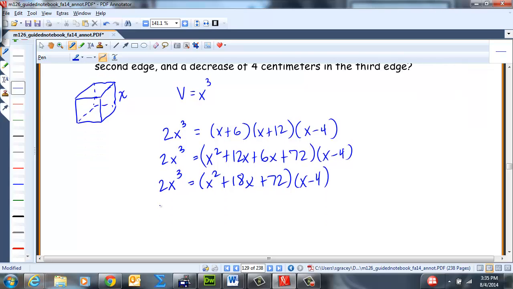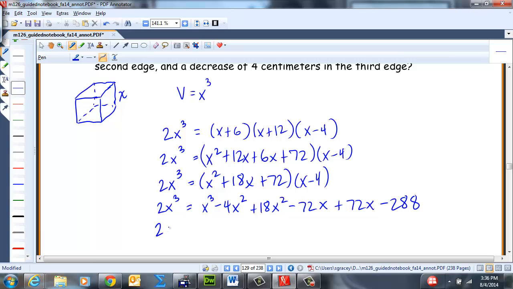So multiplying these through, we will have x cubed minus 4x squared, and then plus 18x squared minus 72x, and then 72, so that was our 18x through those last two, and then we'll have plus 72x and then minus 288.